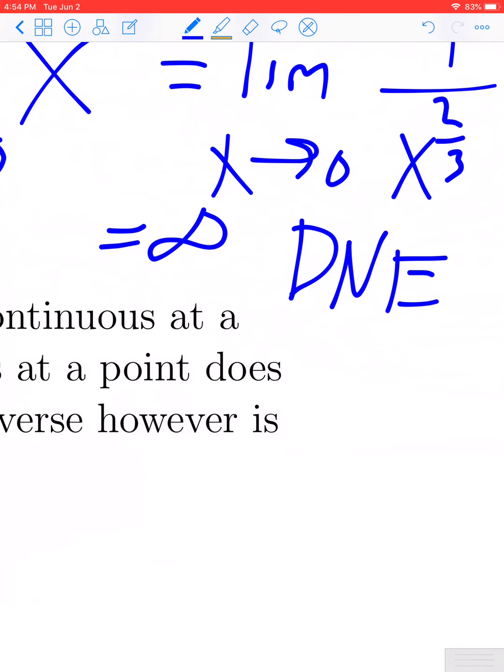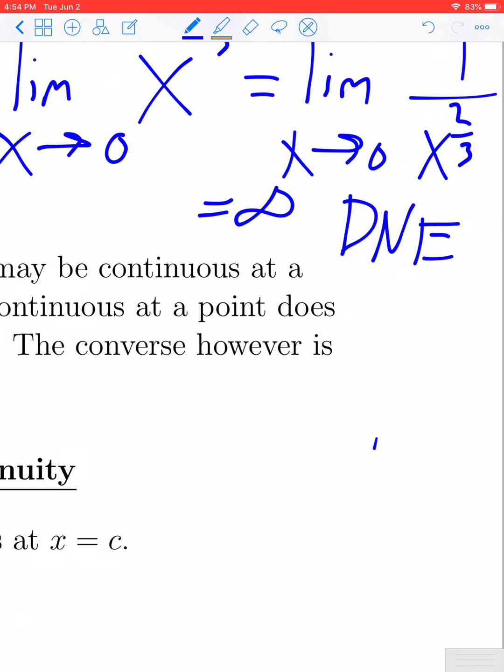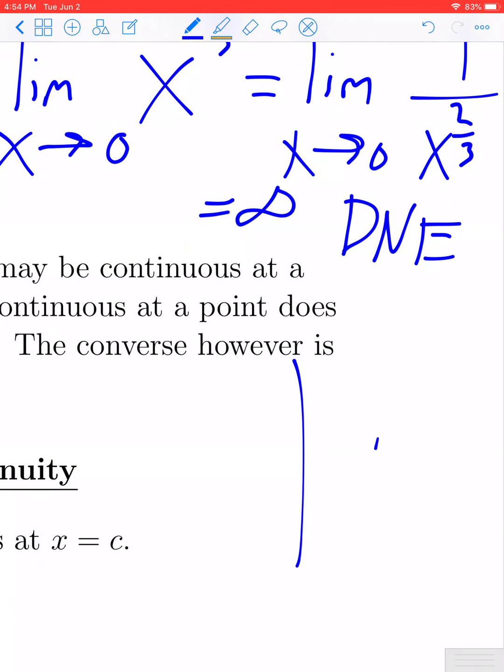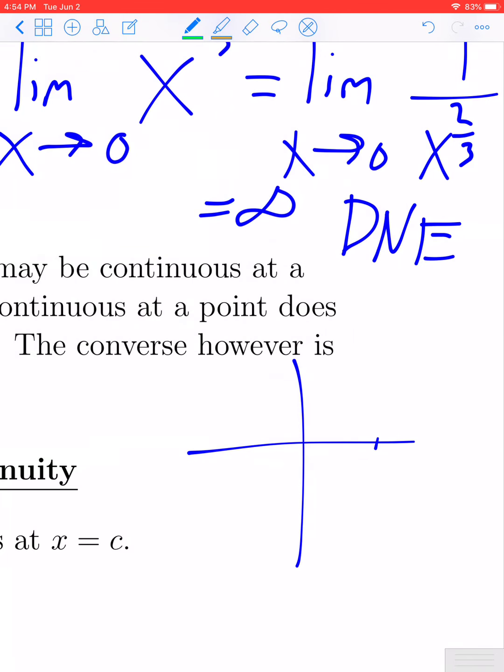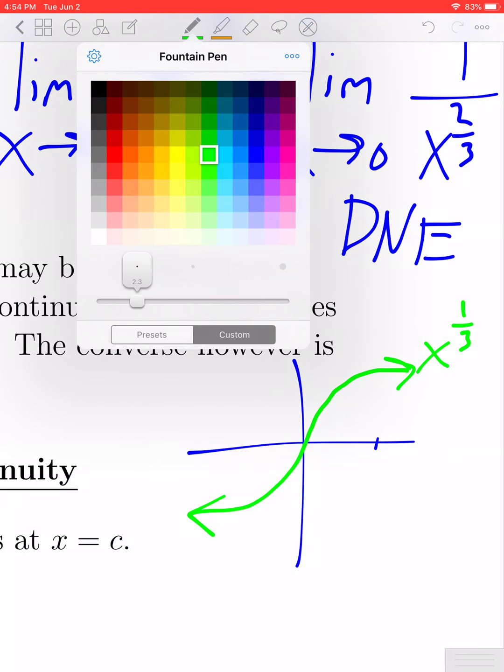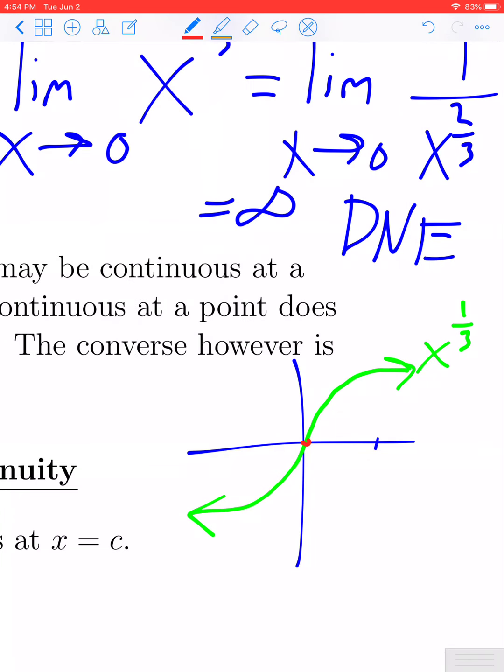And why is it not differentiable at 0? Well, again, this limit becomes infinite. And so what happens is this graph actually has a vertical tangent line at x equals 0. So this is the graph of x to the 1/3 power. If you look at the ordered pair 0, 0, which is right here, at that point we're going to have a vertical tangent line.